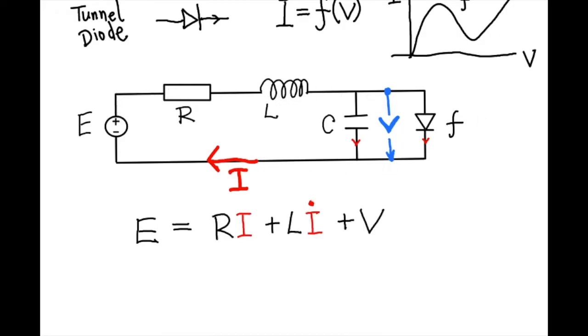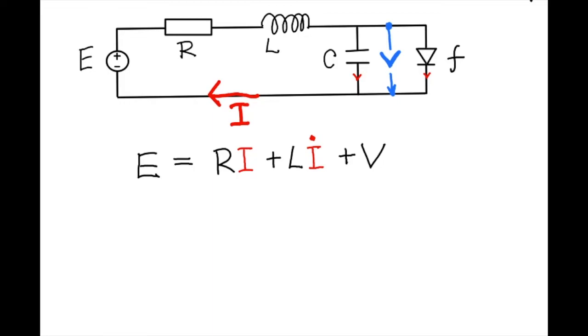So E is equal to the voltage over R, and the voltage over L, and then V. And the equation about the current is that the current flowing on this line comes from 2 branches. One is from the capacitor, that's the capacitor current, and one is from the diode, which is f of V.